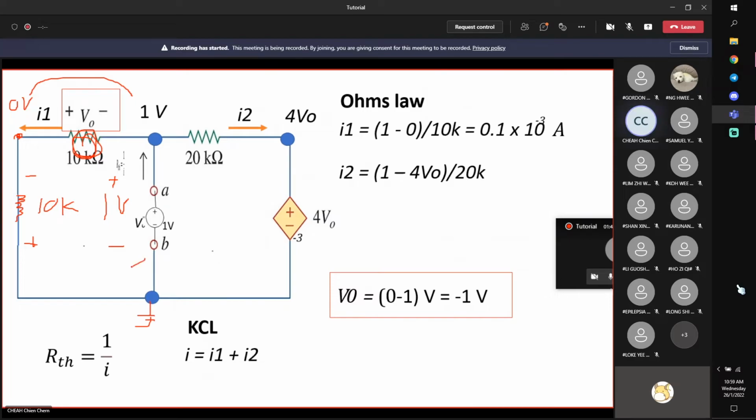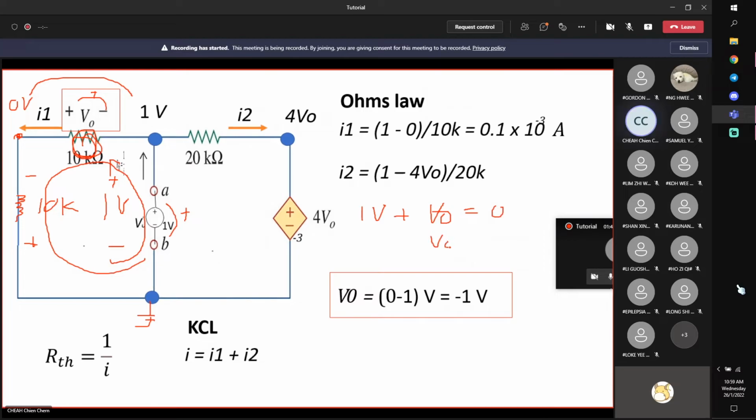If you're still confused, then use Kirchhoff's voltage law, one round. Here I have plus 1 volt, an increase of 1 volt. Here I have plus V0. Both are increases, and I'm back to 0.